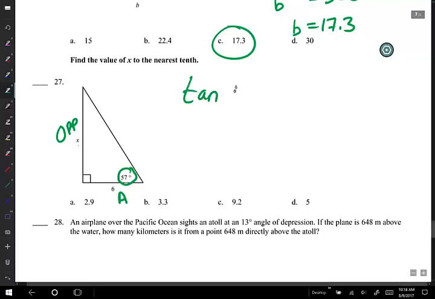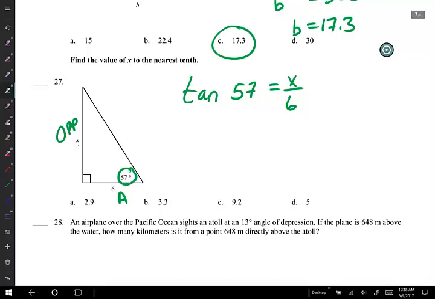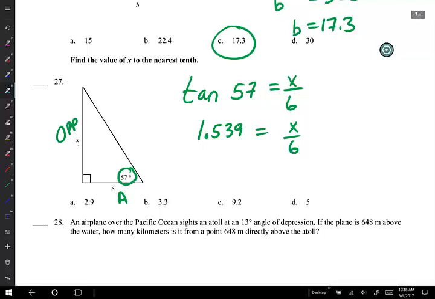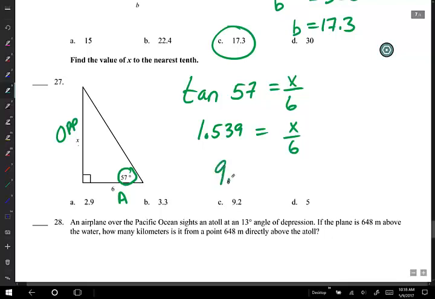So tangent of 57 equals x over 6. Take tangent of 57 on your calculator. 1.539. How do I solve this? Just multiply by 6. 9.239. Looks like that's option C.